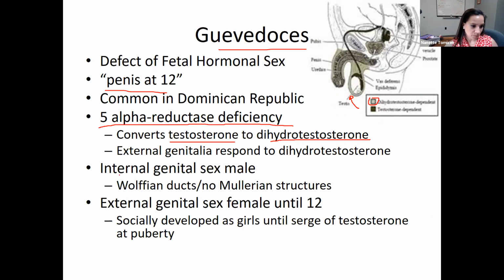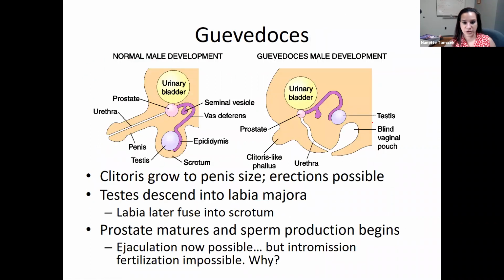So what's going on with them is their external sex generally looks female until 12. Then when we get that rush of puberty hormones, we'll take a look and see what happens here. These structures are going to change considerably.